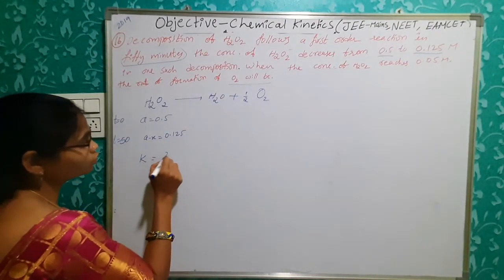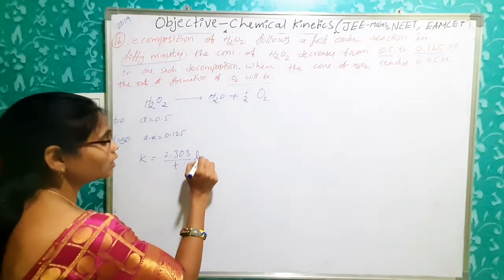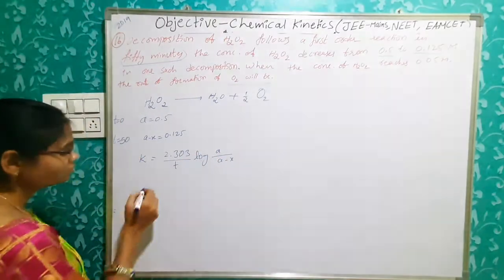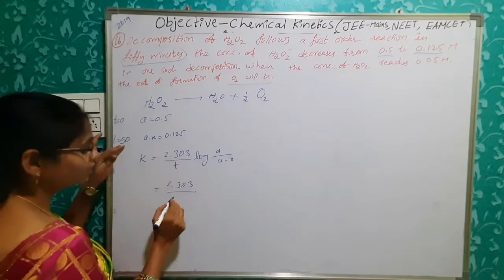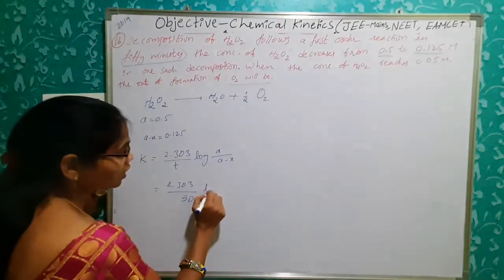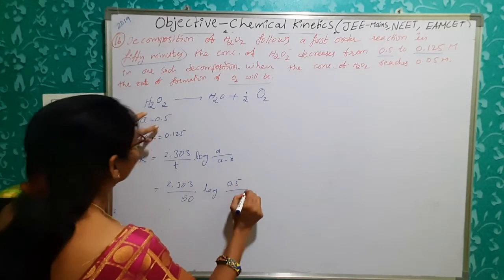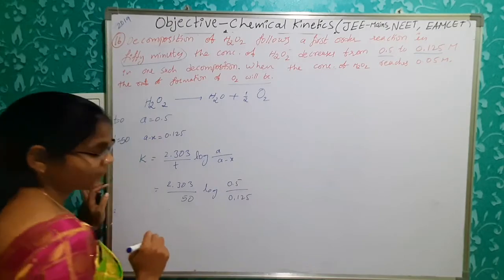K is equal to 2.303 by T log A by A minus X. Time is given as 50 minutes, log of initial concentration 0.5 and final concentration 0.125.